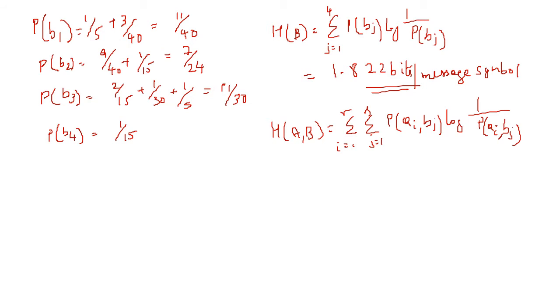All these elements of your joint probability matrix will be substituted as P of ai comma bj to find the entropy. So H of A comma B after substitution will be equal to 2.7653 bits per message symbol. So we have got H of B and H of A comma B.